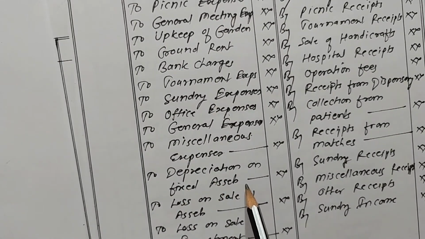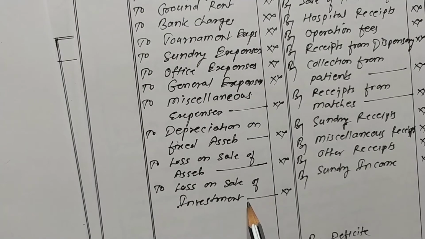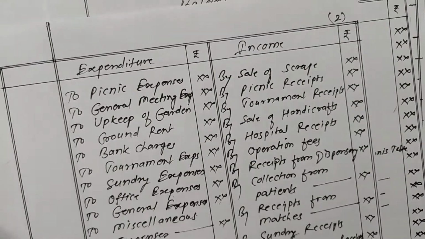Depreciation on fixed assets is also a revenue expense, loss on sale of assets, loss on sale of investment. These are the expenditures. Now the income side.